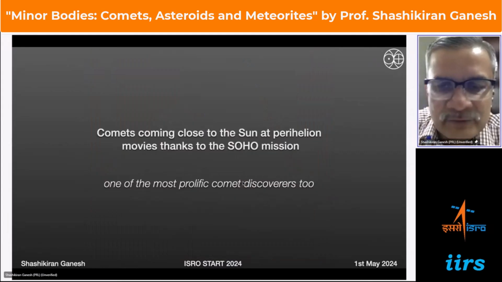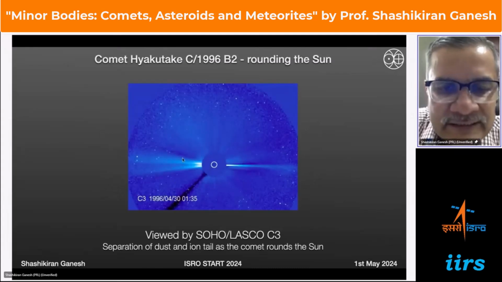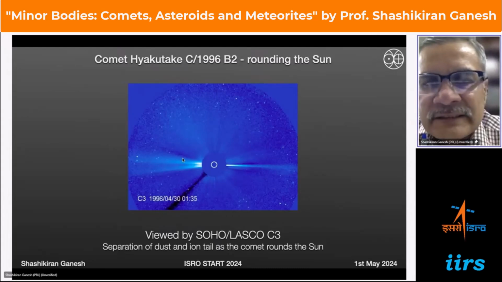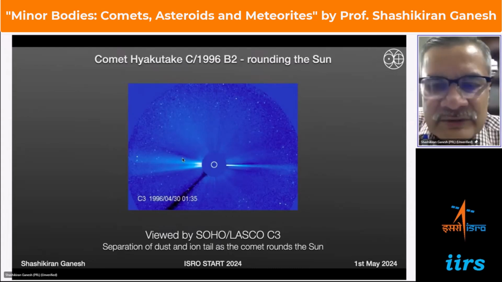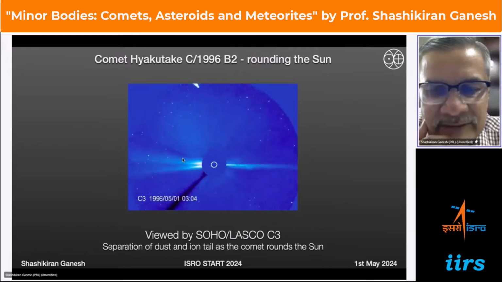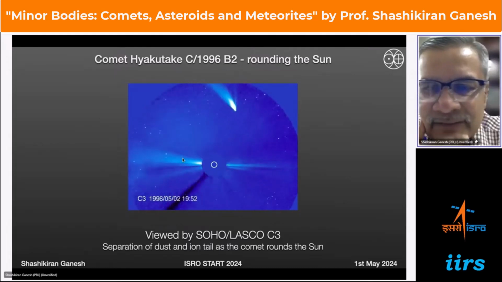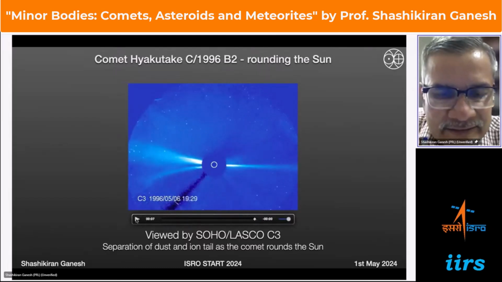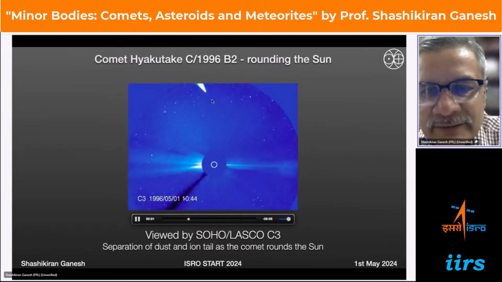We'll just see some movies to show you how this looks. This, for example, is Comet Hyakutake, 1996 B2. This was quite a spectacular comet, and it was very fast-moving. You can see here very well how it is rounding the sun.